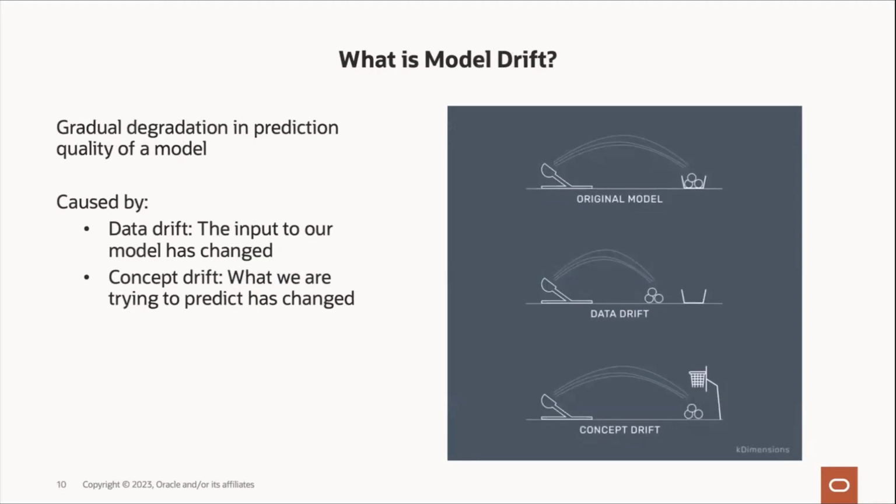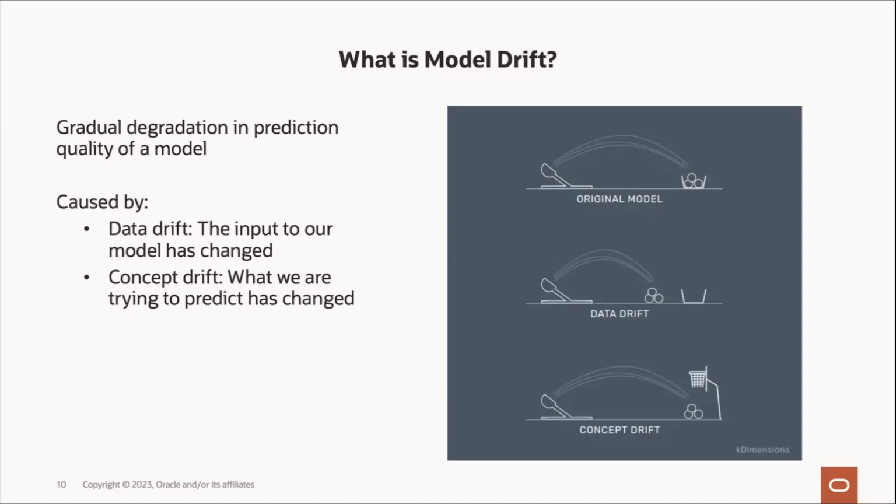The first is data drift, which we just talked about, and the second is concept drift. Data drift makes sense. A model is trained on data that looks a certain way. As that data starts to shift and look different, the quality of its predictions might degrade. Concept drift is a little more complicated. It's the idea where the goal we are trying to predict has changed.